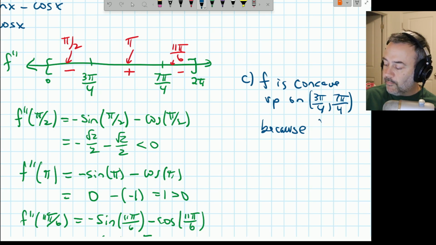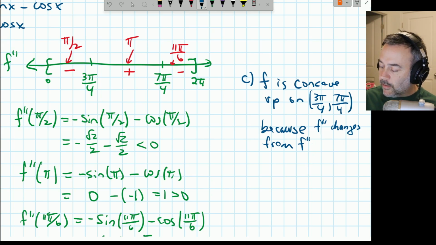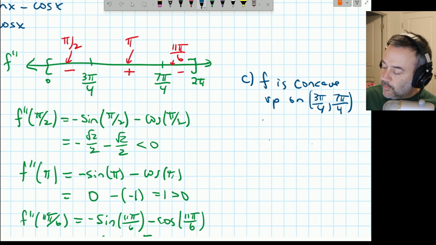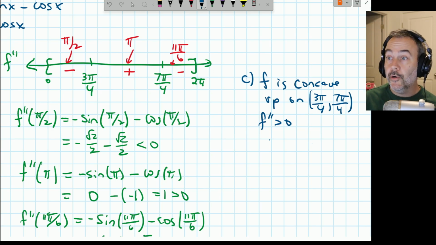But you could just say because f double prime changes from negative to positive. Oh, sorry, I was thinking inflection point. I was actually jumping ahead. F is concave up on this interval because f double prime is positive. It's making that too hard.